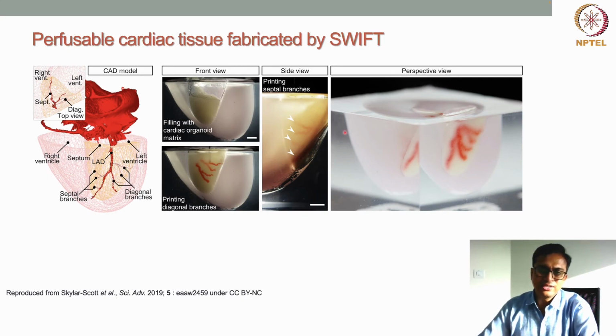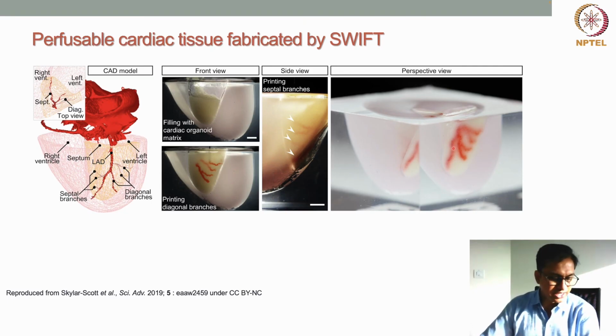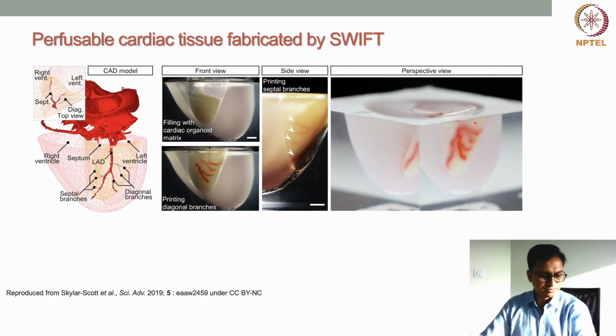This is the front view and side view of the thing. And then that was allowed to set. The gel was allowed to cross-link at 37 degrees centigrade, and the gelatin was taken out, and then you can see perfusible channels have been created within this. So this is how the cardiac tissue was fabricated using this SWIFT technique.